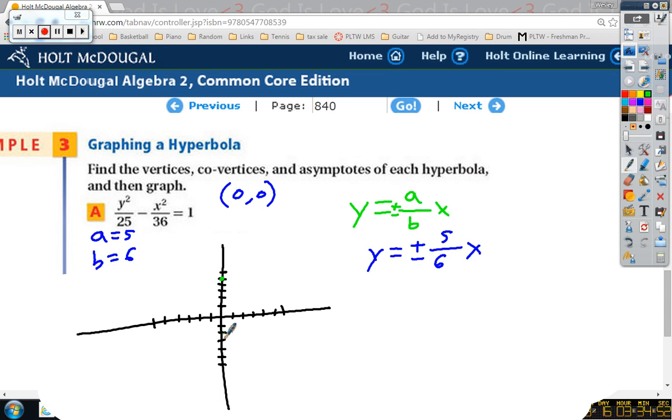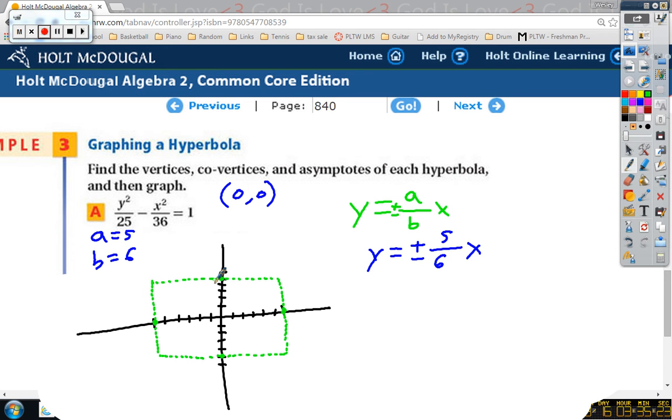So 1, 2, 3, 4, 5 in the y direction. 1, 2, 3, 4, 5, 6 in the x. All right, and I'm going to make my imaginary box. Okay, there's my imaginary box.